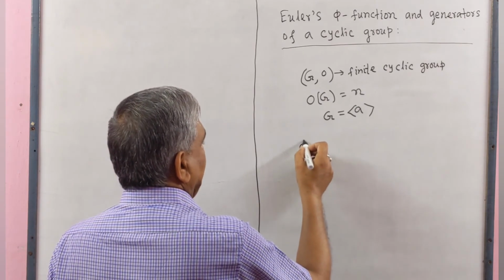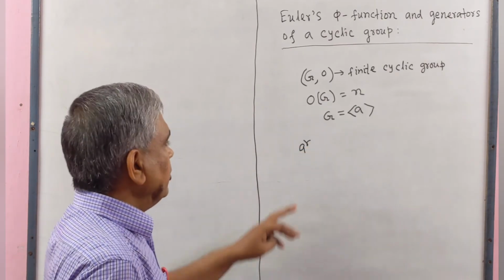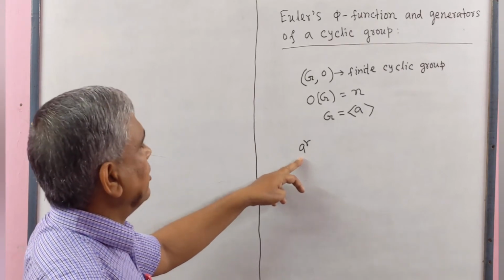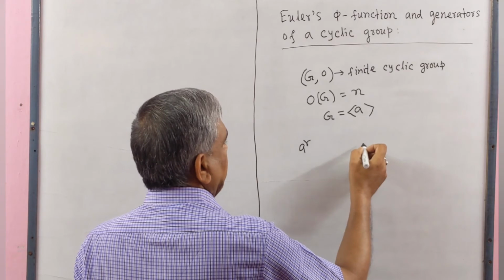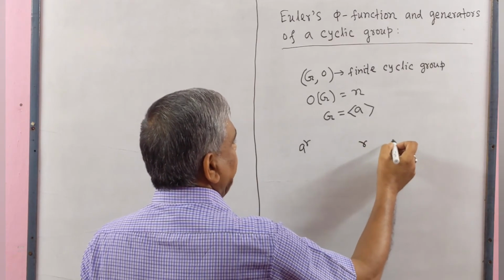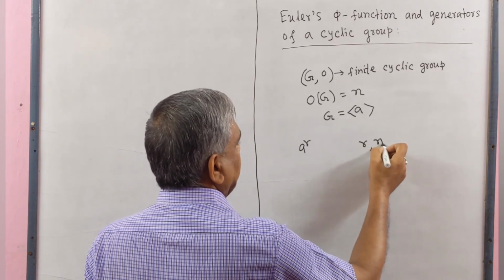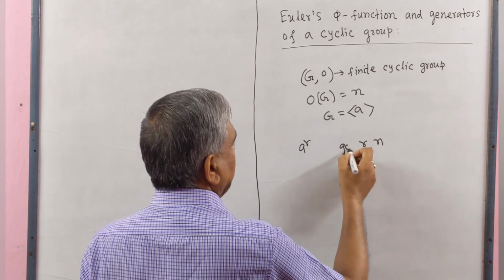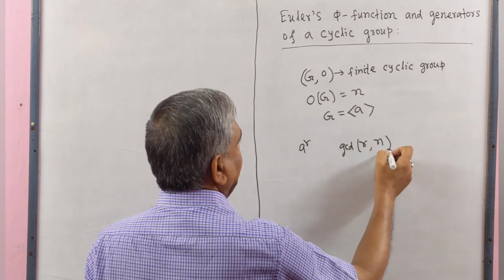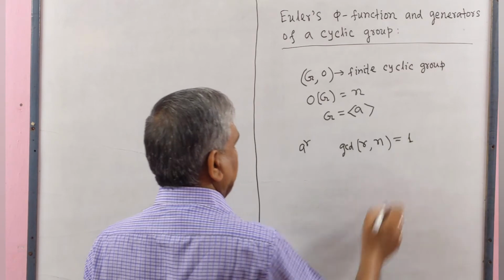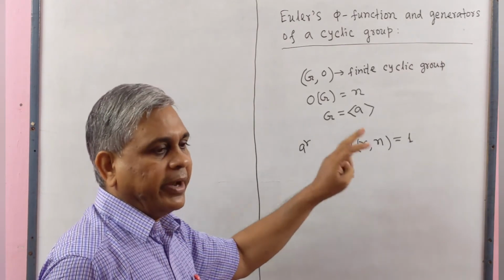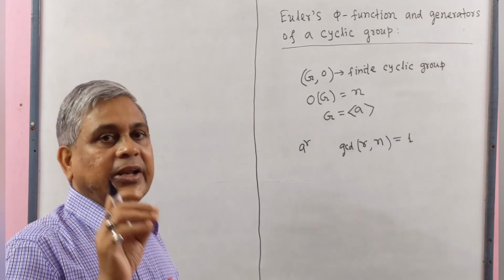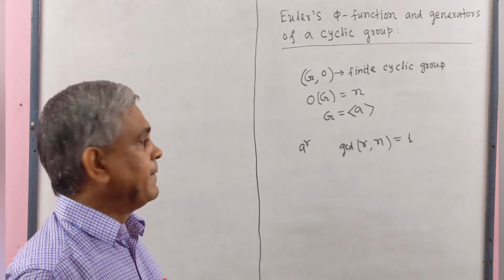A to the power R may be a generator of this group if R is relatively prime to n. That means GCD of R and n equal to 1. Here we are talking about relatively prime numbers.